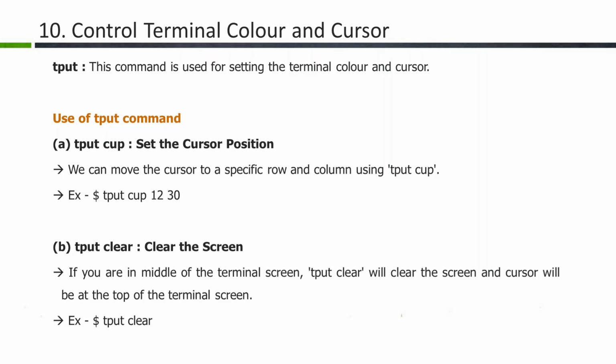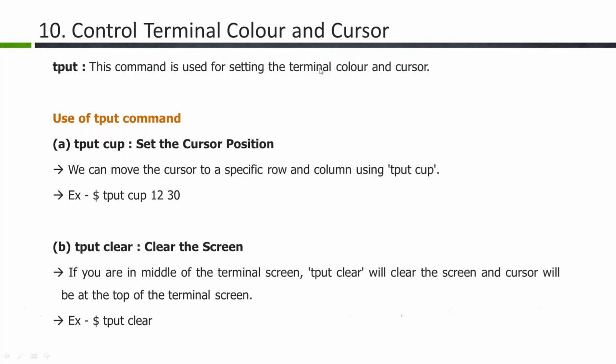Okay, next we'll discuss controlling terminal color and cursor. This is not much important, but if you know, well and good. If you are learning, then everything we cover you should know. So tput is one command. Using this tput command, we can set terminal related things.